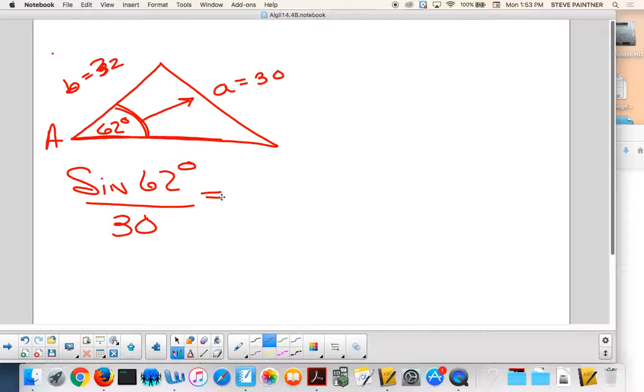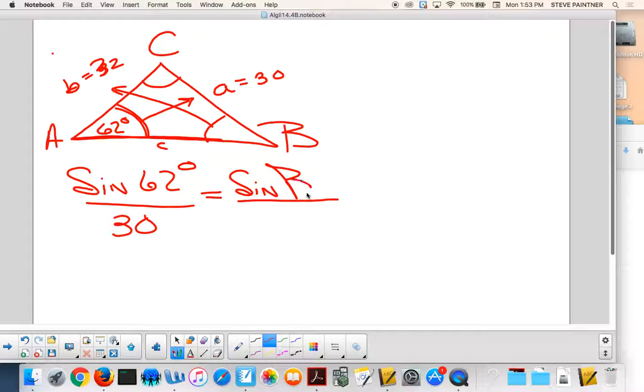Since this is side B, that's angle B. This would be angle C, side C. So what am I gonna do over here? Sine of B, because I know the opposite side. Sine of B over 32.